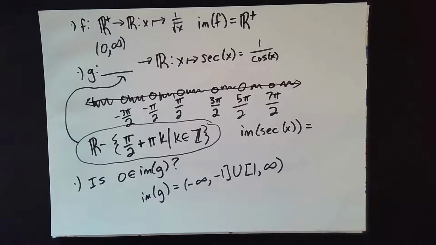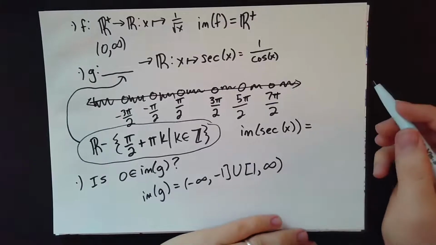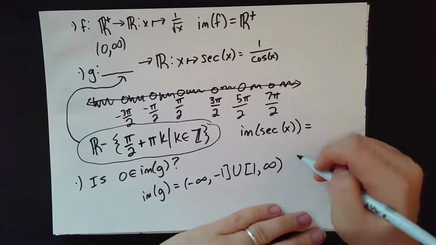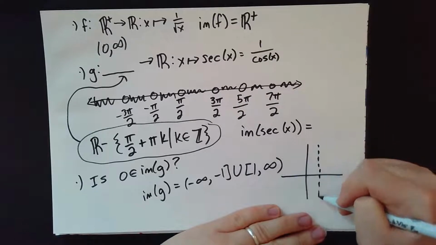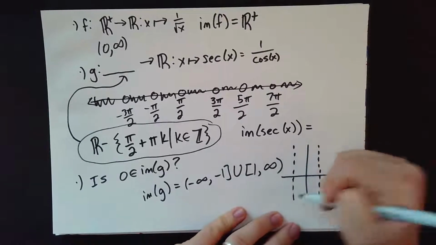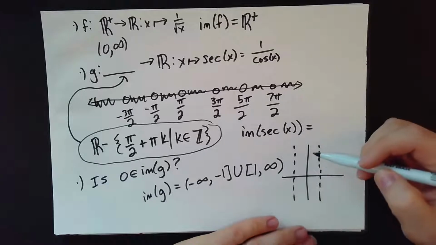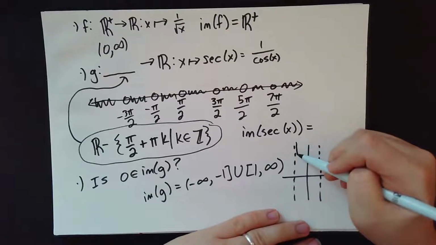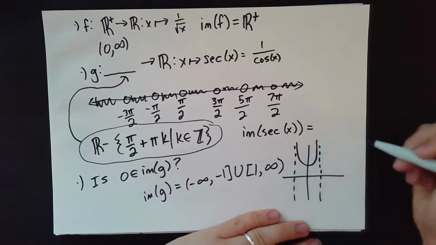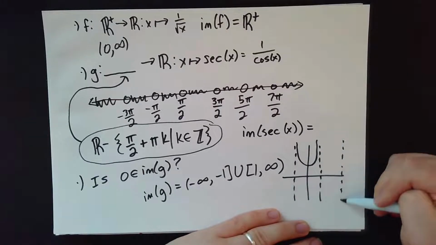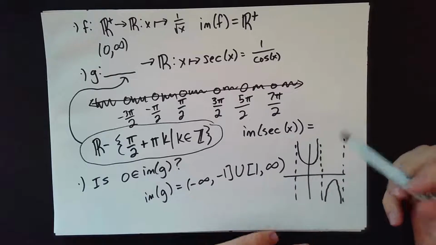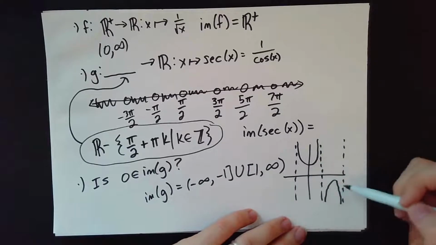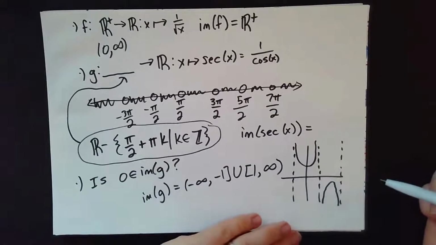Okay. And so what's happening here is that if you look at the graph, it's got these things that look like parabola shapes embracing the vertical asymptotes.